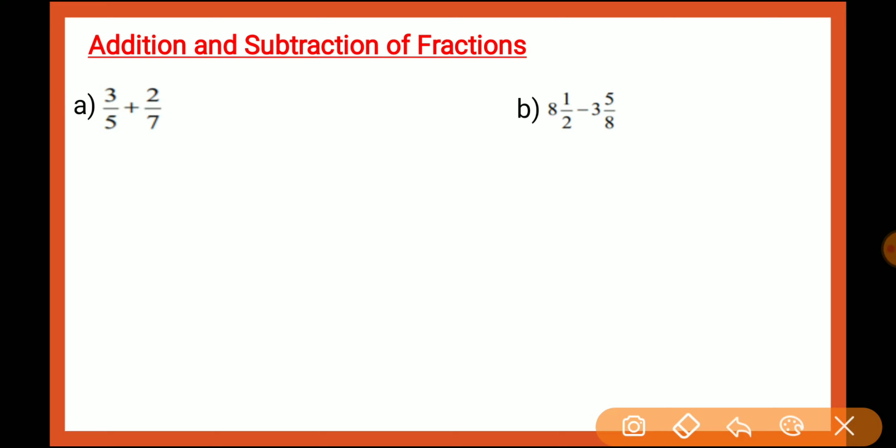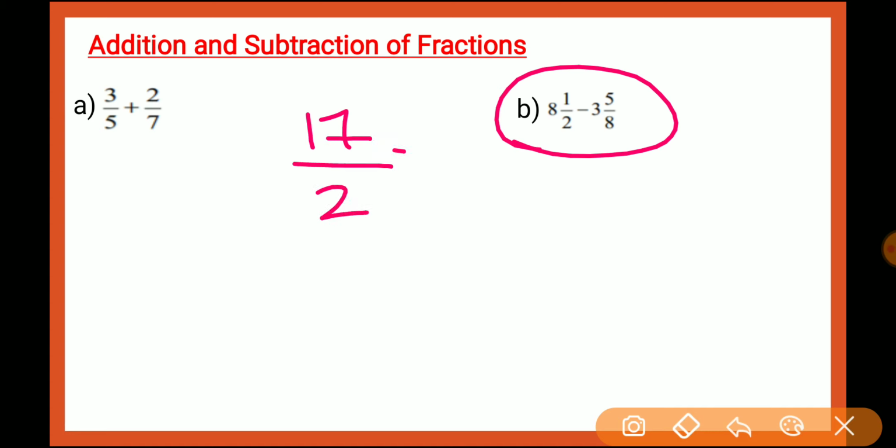In subtraction, you can see this is a mixed fraction, so first convert it into an improper fraction. So what you will do, 8 into 2, 16 plus 1, 17 upon 2 minus 8 into 3, 24, 24 plus 5, so 29 upon 8.